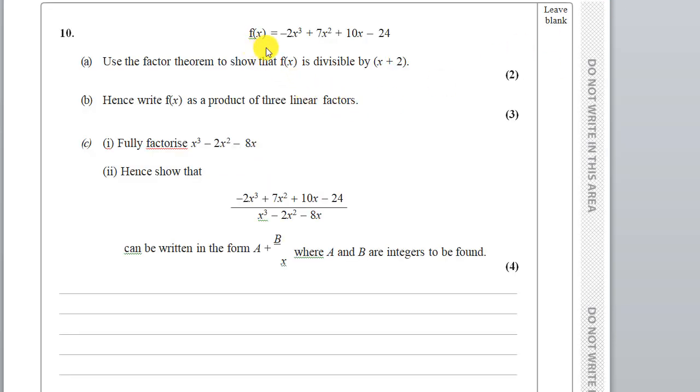Now f of x is equal to minus x cubed plus 7x squared plus 10x minus 24. Use factor theorem to show that f of x is divisible by x plus 2. So this is part A. For f of x, x plus 2 equal to 0, so x equal to minus 2.